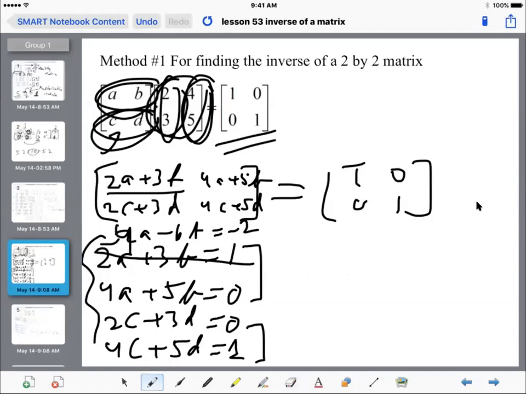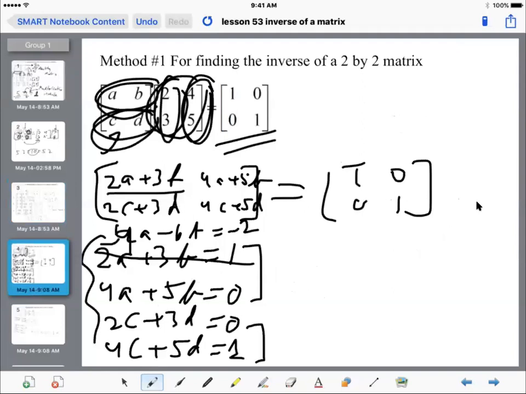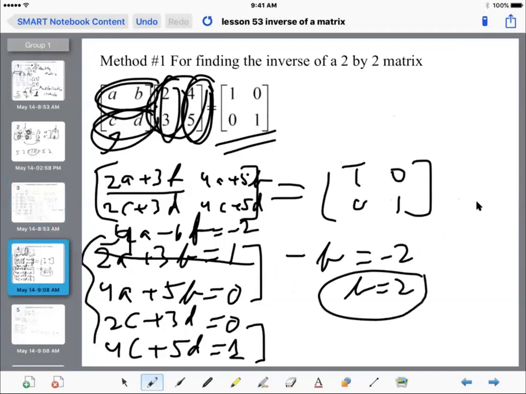I'm hoping to get 2 for B. Let's see what went wrong there. Multiply by -2, get -4A minus 6B equals -2. I see. Add them together, get minus B, this is a B here, equals -2, or B equals 2. And then you could use that to figure out what A is, and then you could start over with these two equations and get C and D.